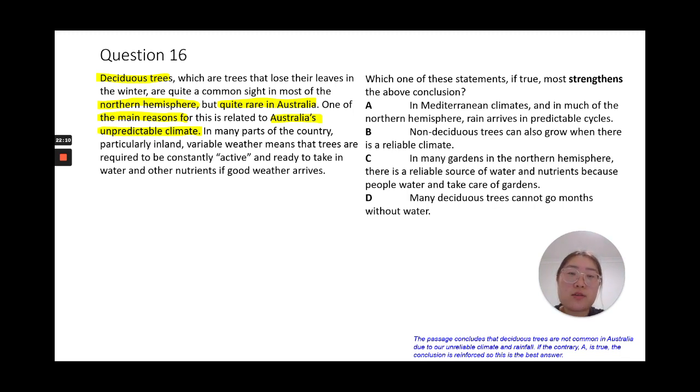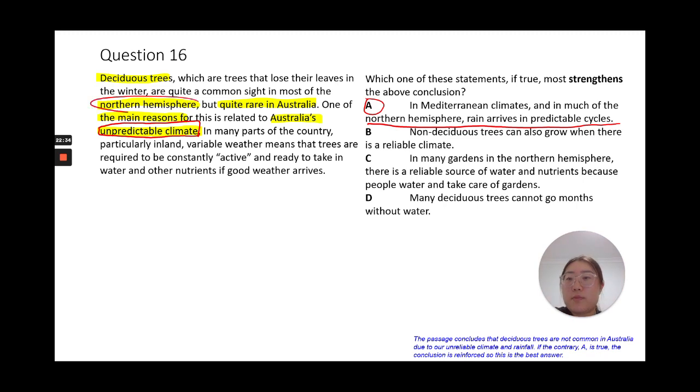So what would strengthen this conclusion? The answer is A, because our highlighted bits show that deciduous trees are not common in Australia because of our unpredictable climate. This directly links to why they are common in the Northern Hemisphere.